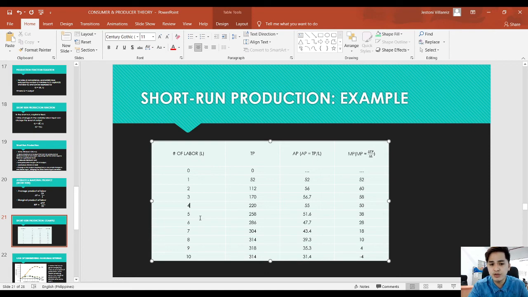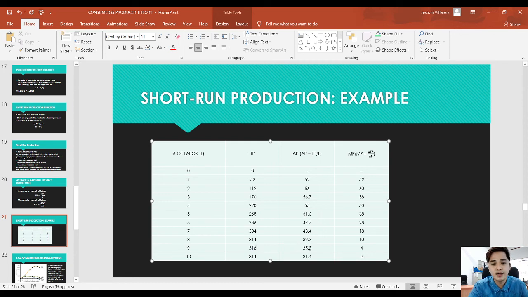But you, as a business owner, want one waiter per one table. So you acquire more units of labor. Let's say you acquire 9 waiters. Now, with 9 waiters for your coffee shop of 10 tables, your productivity is still increasing to 318, but at a low rate.